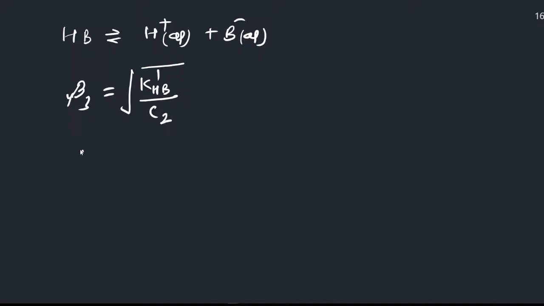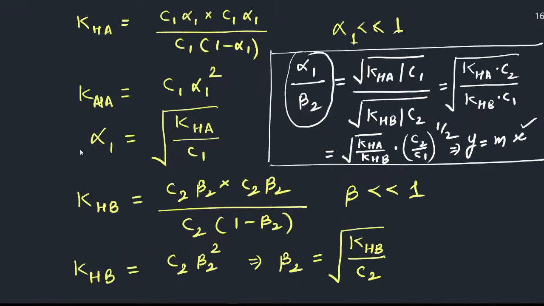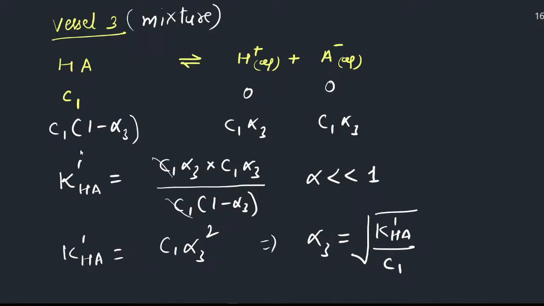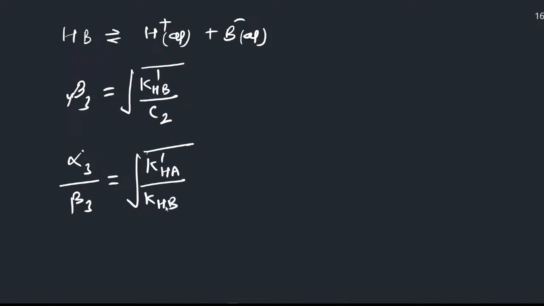So again alpha 3 by beta 3 is equal to square root of KHA dash by KHB dash into again square root of C2 by C1.